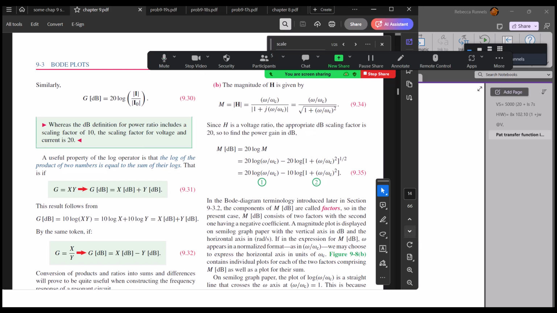Okay, so the power gain is 20 log M, where M is the magnitude of the transfer function.